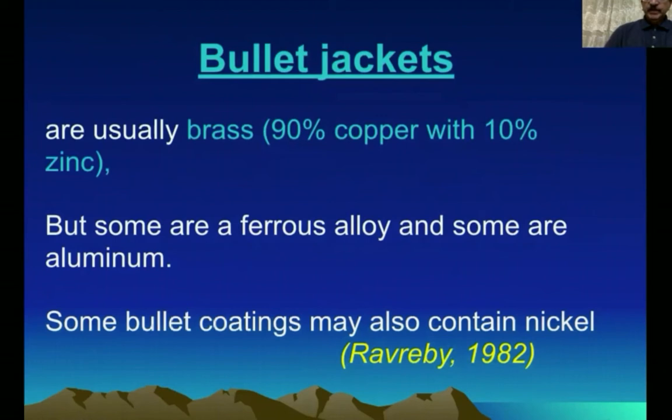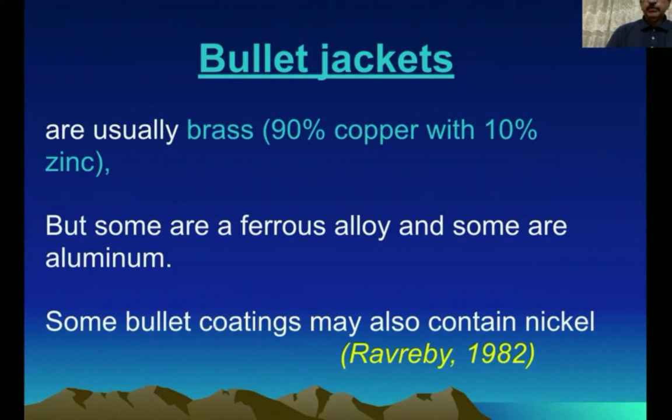And the bullet jackets, this is another mechanism which we have already talked about in the first lecture. As the lead is a rough metal, to make it smooth, various alloys of various metals like 90% copper and 10% zinc with other metallic combinations, they are jacketed.